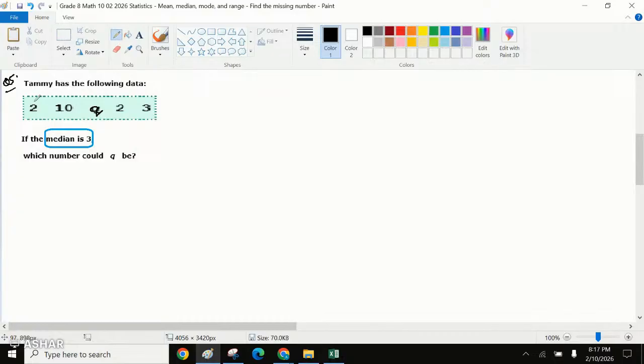The first, we had the number 2, the smallest. This is ascending order, right? We can have a 2, then we can have another 2, then we can have a 3, and then we can have a 10, right?